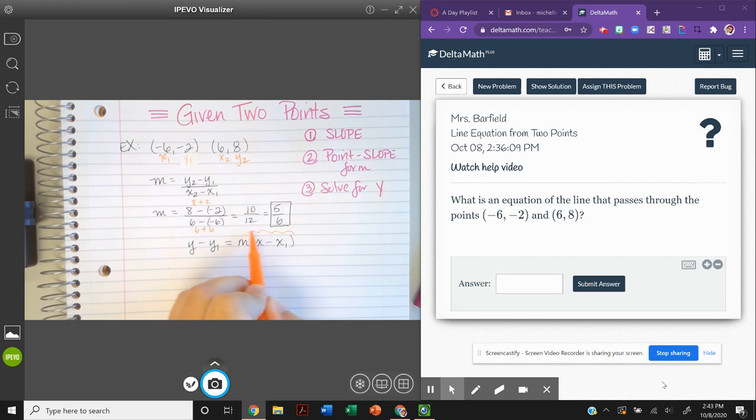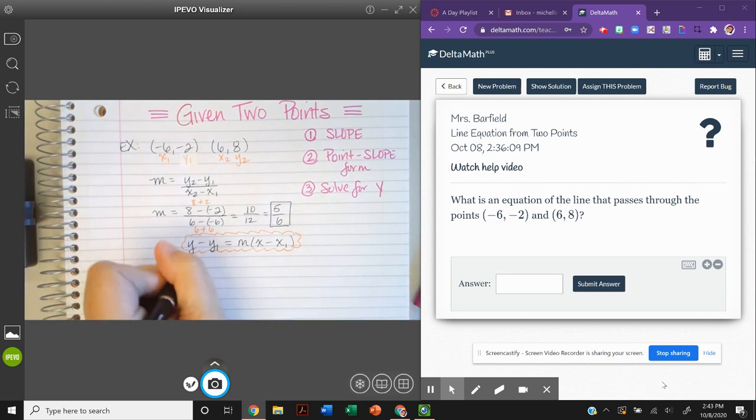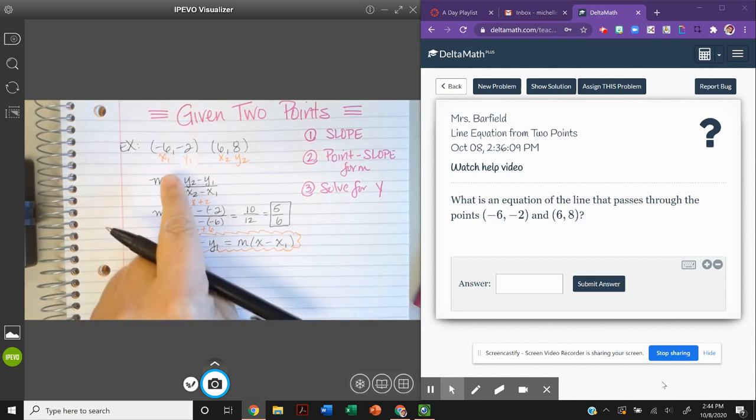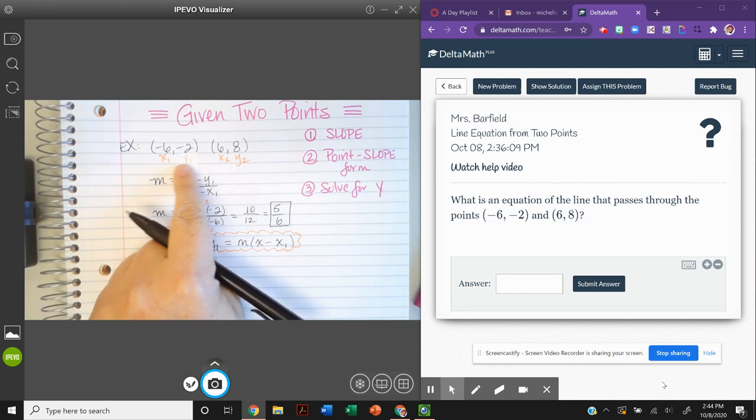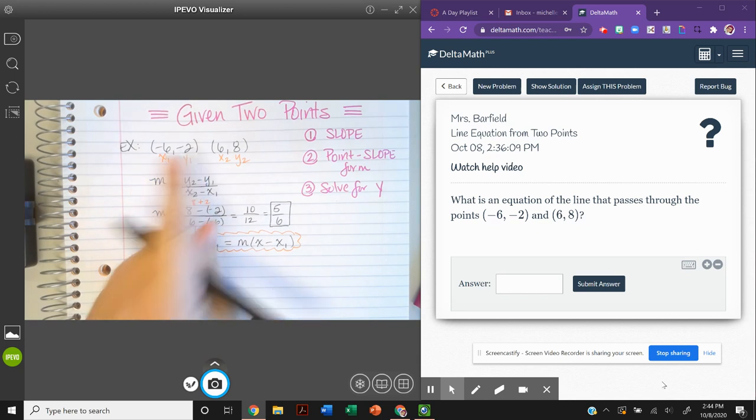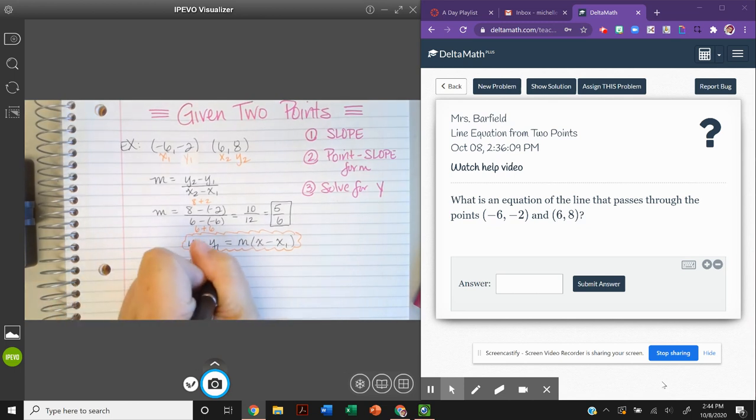This is your formula that you have to memorize. So I'm going to do y minus, well, I've already identified y1. That's right here, so that's going to be -2. So y minus -2. I'm going to put that in parentheses to make it look neater.